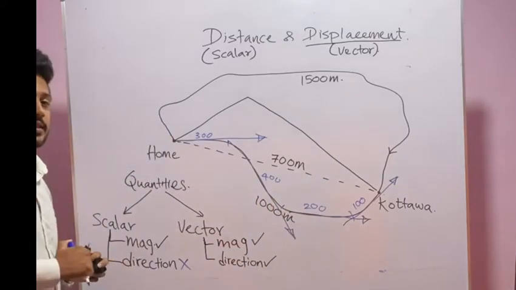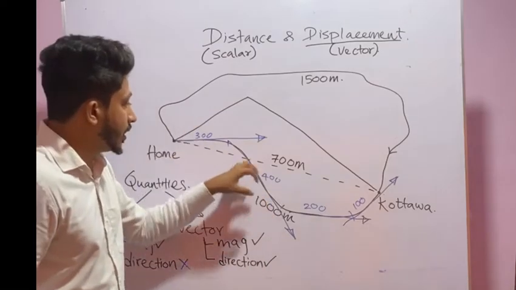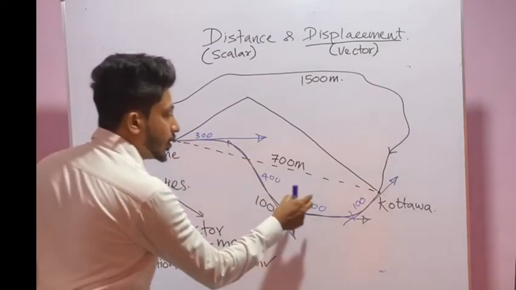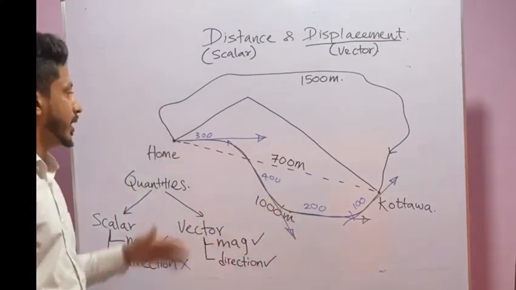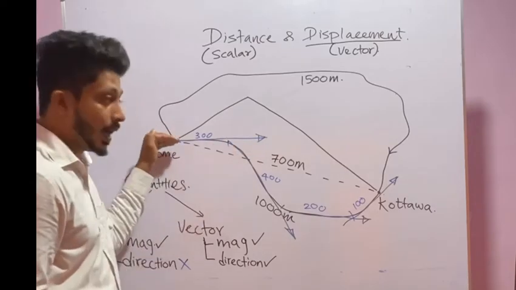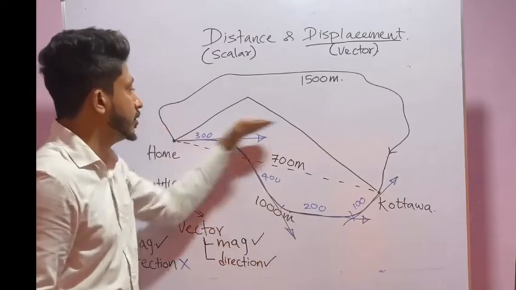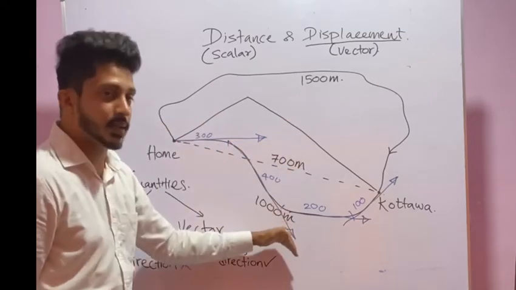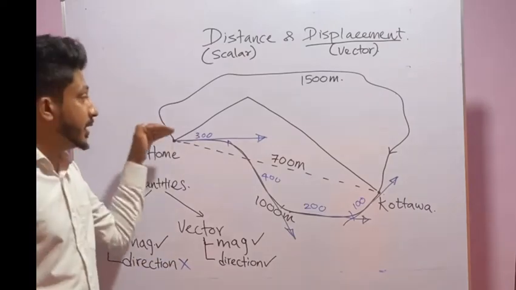Have I ever considered the direction I have traveled in calculating the total distance? No. Why? I have added 300 to this 400, but 300 is to this direction, 400 is to this direction. But I haven't considered the direction.